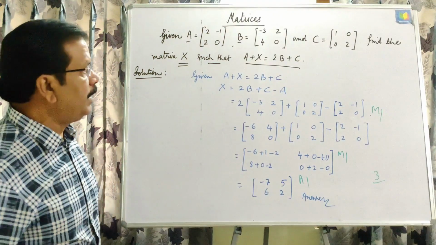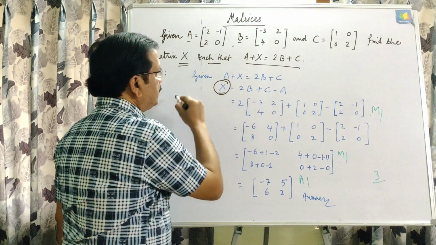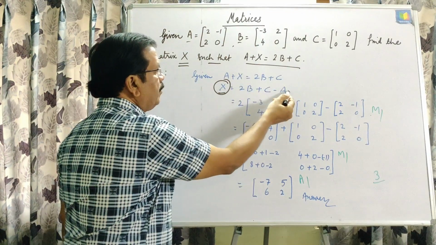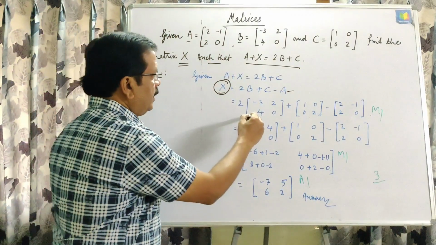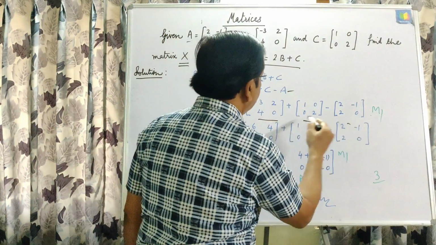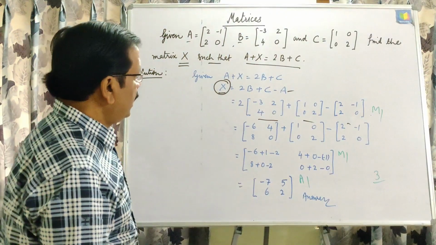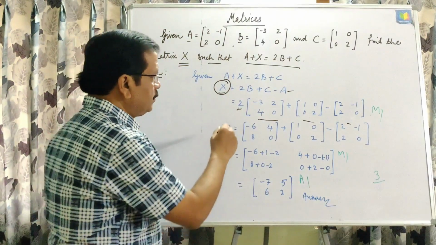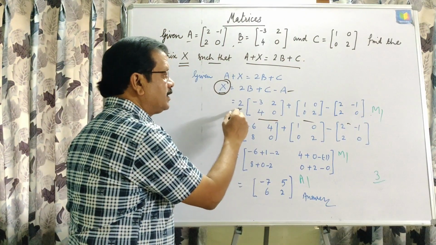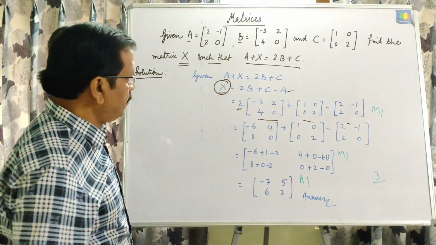This condition is given. Since we have to find the matrix X, we transpose A to the other side, so X is 2B plus C minus A, and then we substitute the values of the matrices according to the given expression. Here 2 is a constant, and this is what we call scalar multiplication of a number with a matrix.